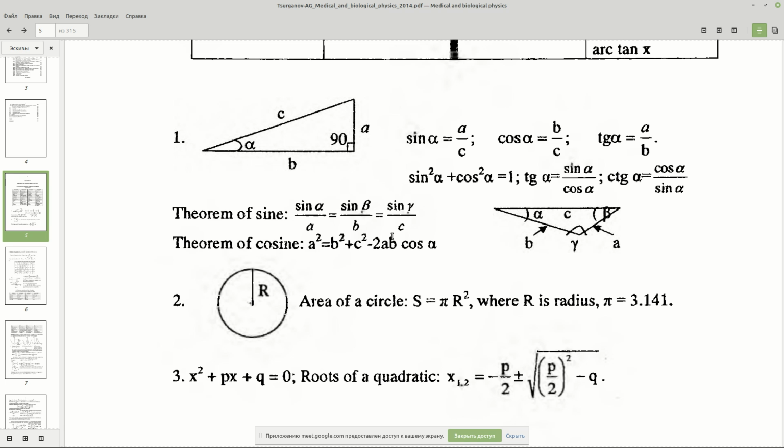And the cotangent comes from the Latin complementi tangens, which means tangent of addition. The cosine comes from the Latin complementi, something additive to sinus.